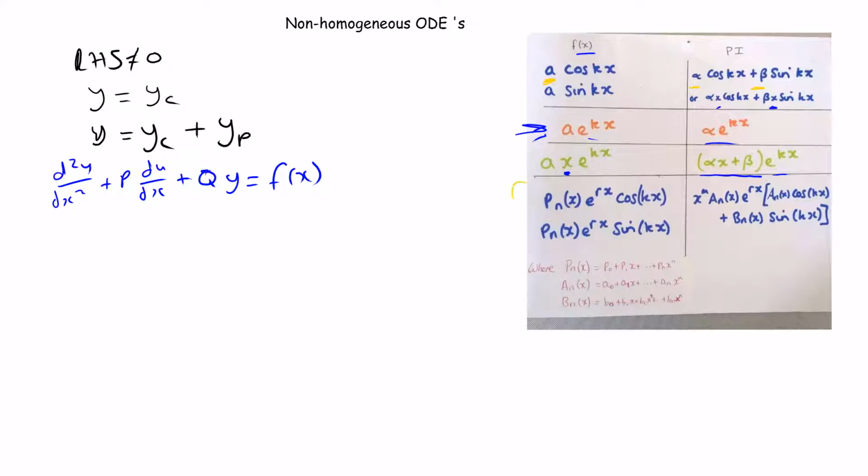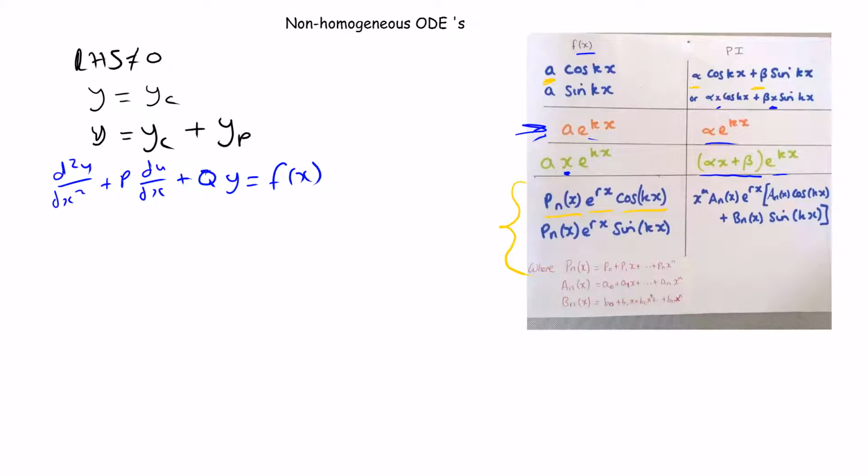Now, this section is a bit more complicated, but it is basically if we have a polynomial multiplied by an exponential multiplied by a trigonometric function, then this is going to be what our particular integral will be.